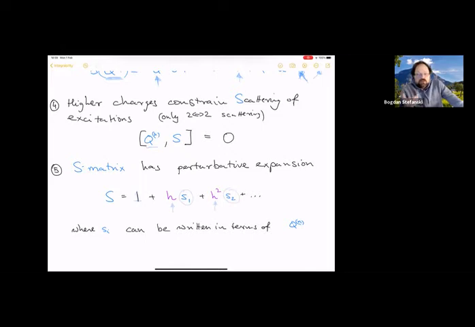And the beautiful work of Drinfeld, which initiated this point of view, tells you that you can write down explicit expressions in these sigma models for this S matrix in terms of these higher charges. So that's, in a sense, if you want, why the higher charges are going to be useful.